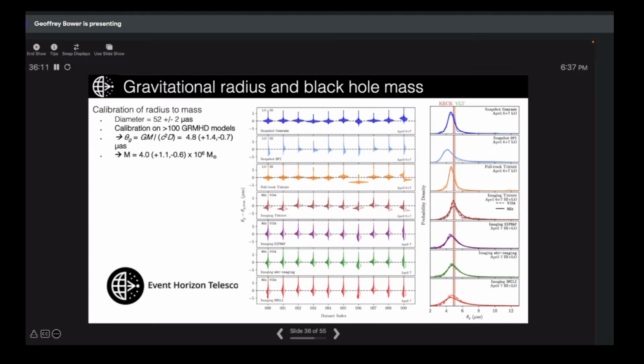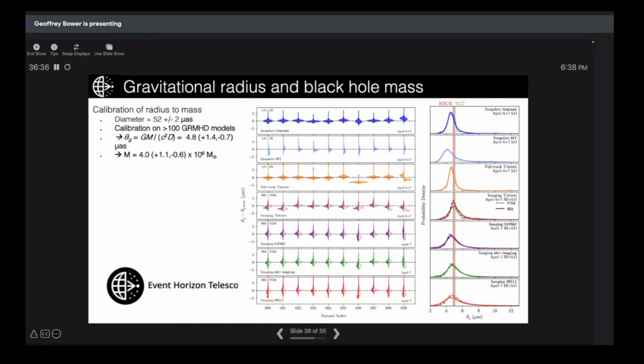Well, we have to calibrate that diameter against a number of effects, but a dominant one is simply that we want to get at something like the photon ring or the black hole shadow, which are mathematically defined quantities.